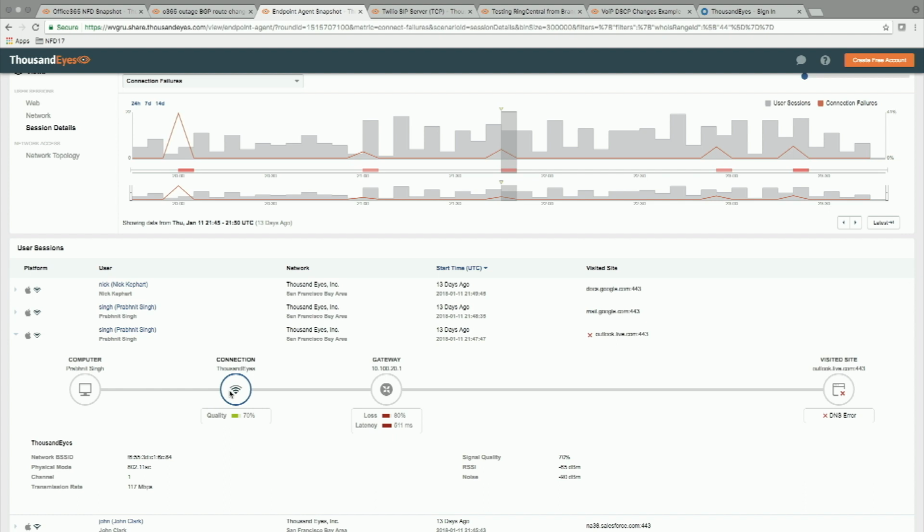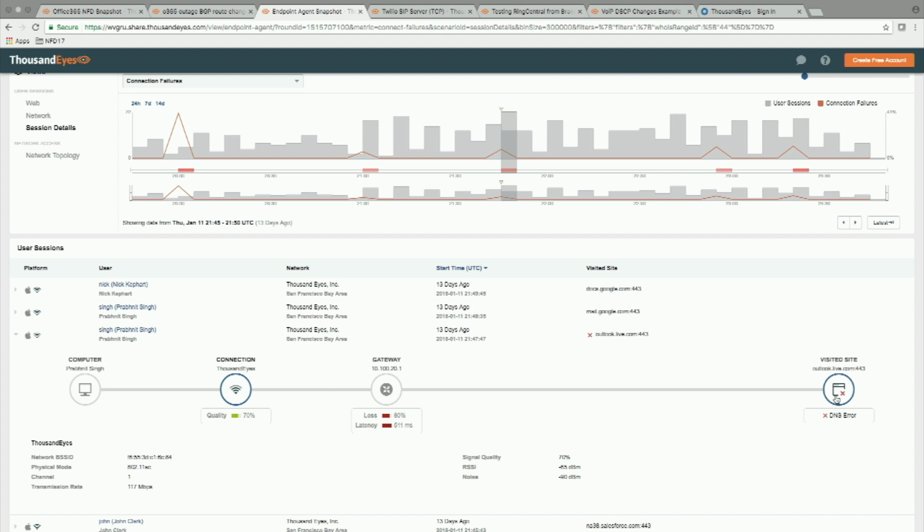You can see the wireless quality is maybe not all that we want for our wireless performance in our office. The gateway here is really terrible. That's going to prevent almost anything of use if it takes a half second to get to the internet gateway in our office. And we can actually see on the right-hand side here, he wasn't even actually able to get to his Outlook environment here because of a DNS error, interestingly.